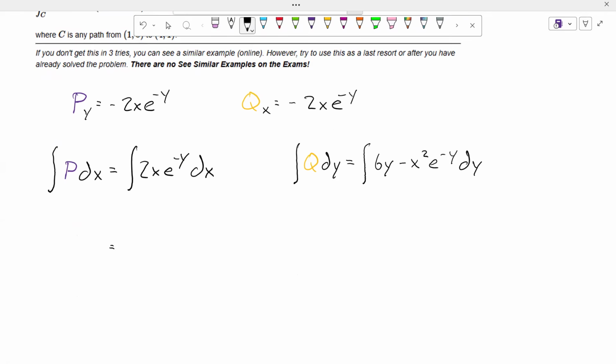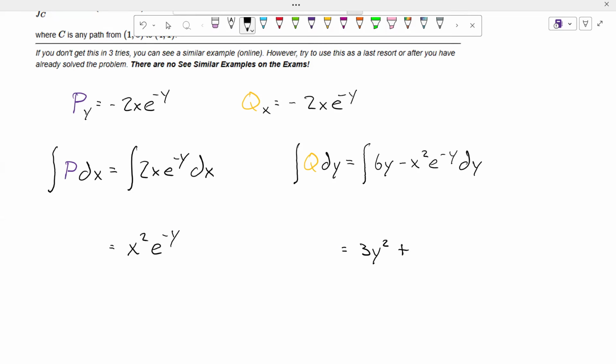If I'm integrating the x part, this looks like it'll be x squared e to the negative y. If I'm going to integrate the q side, the y integral, the integral of 6y is 3y squared. And the integral of e to the negative y is going to be negative e to the negative y.